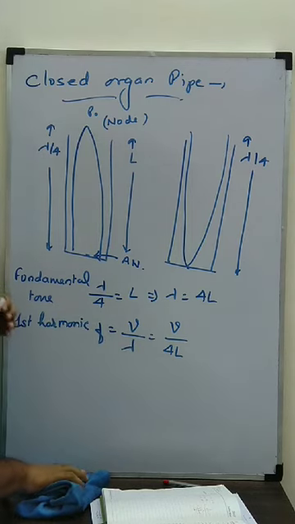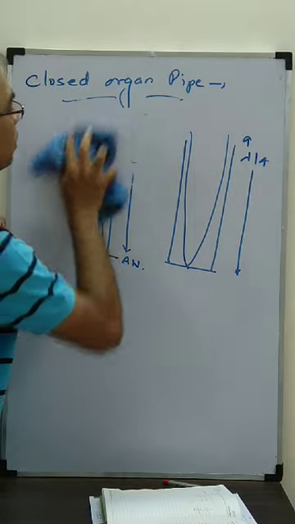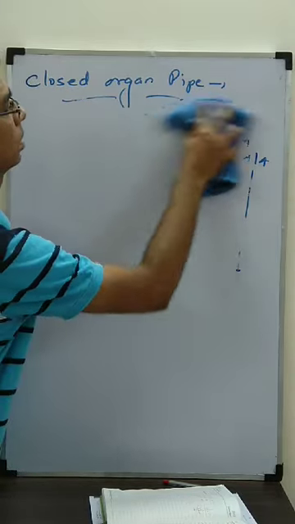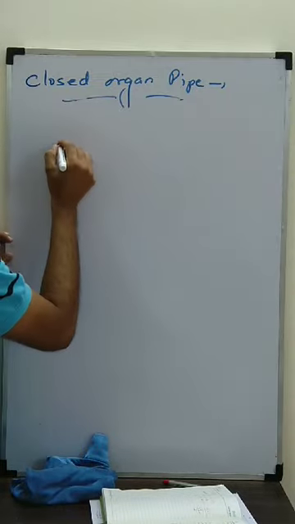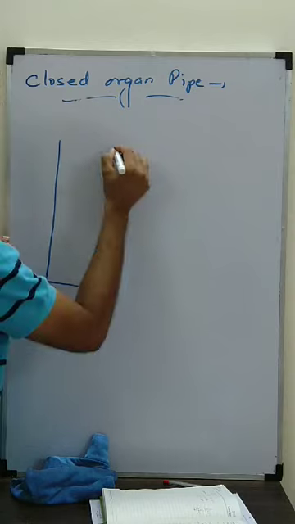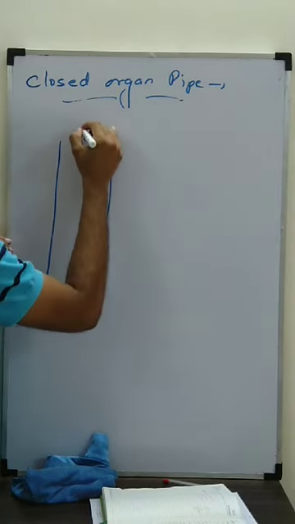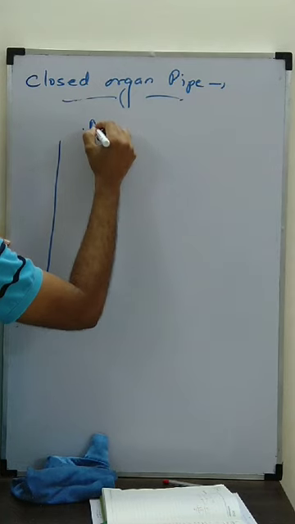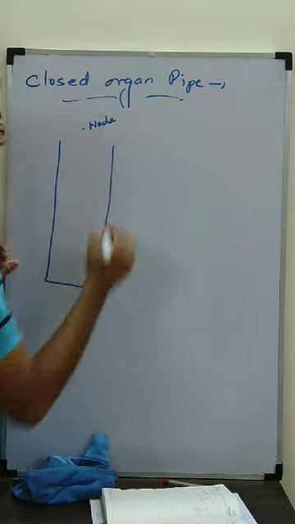Let's see the next one. In that one, the basic things are the same. Here is atmospheric pressure, so here will be node and here will be antinode.